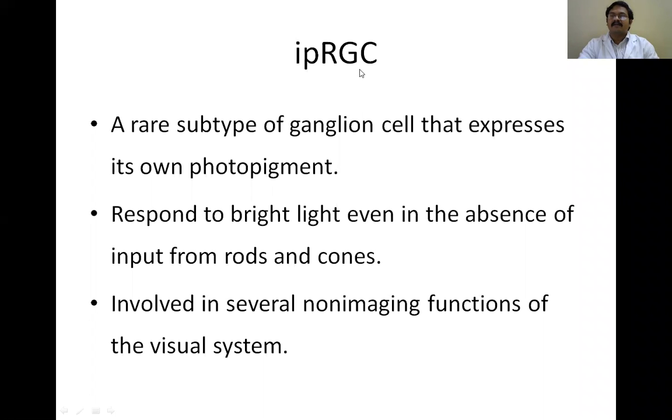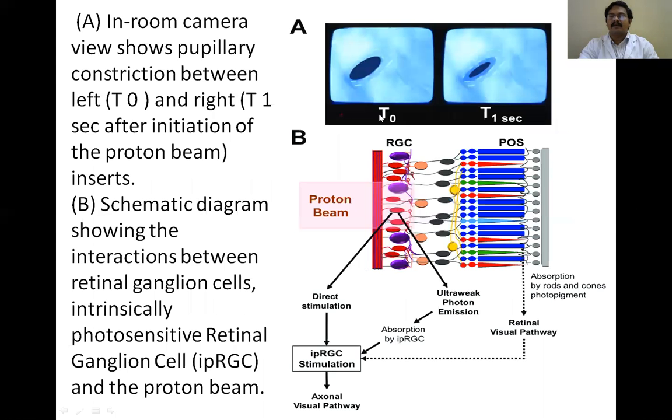Suppose you see this diagram, done experimentally in the room. Suppose this is the T0. This is the size of the pupil, and this is the size of the pupil immediately after the initiation of the photo beam.